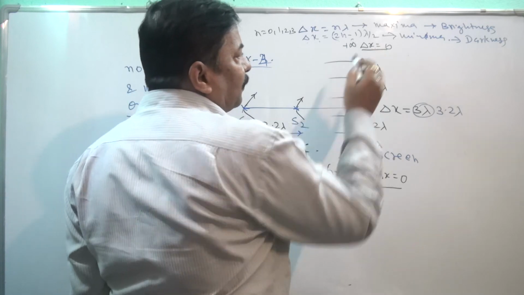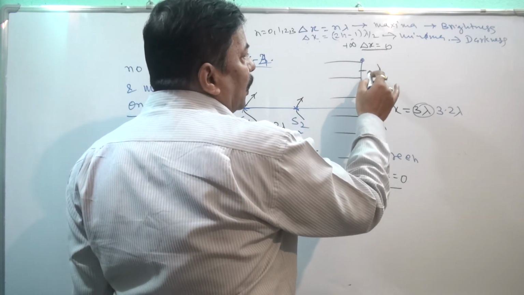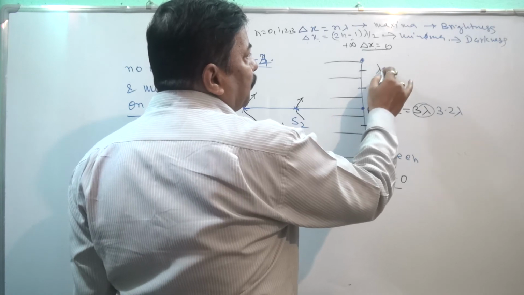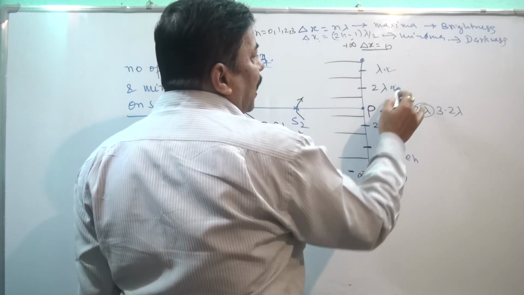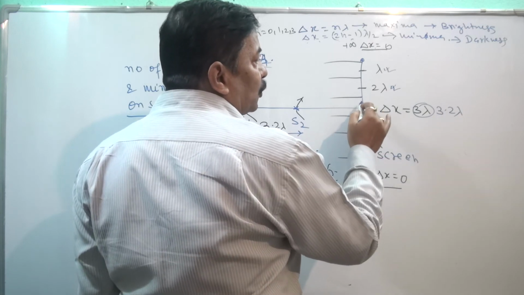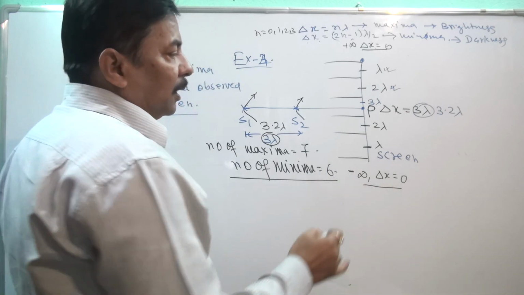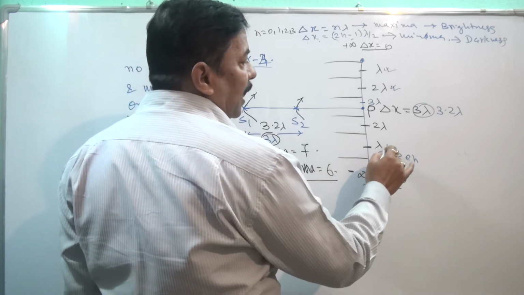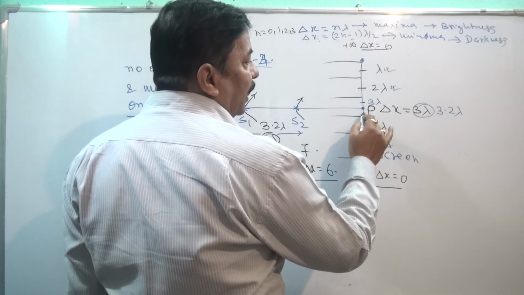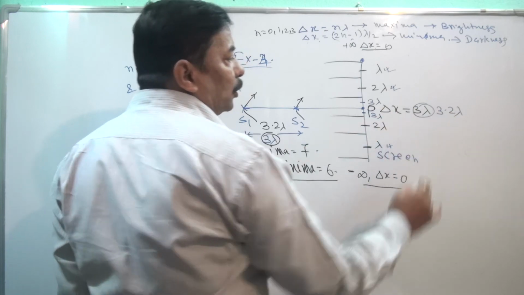Here path difference 0, here lambda, here 2 lambda, here 3 lambda, and then 3.2 is there.